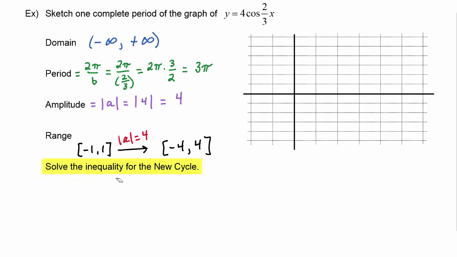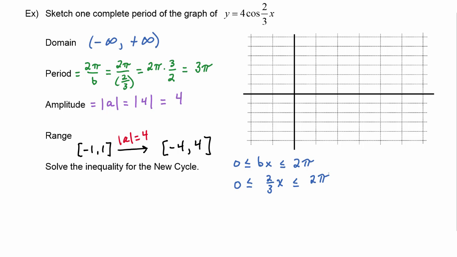Next, we have to solve the inequality for the new cycle. So we know that means we have to do 0 is less than or equal to bx is less than or equal to 2 pi. So we're solving 0 less than or equal to 2/3 x, which is less than or equal to 2 pi.